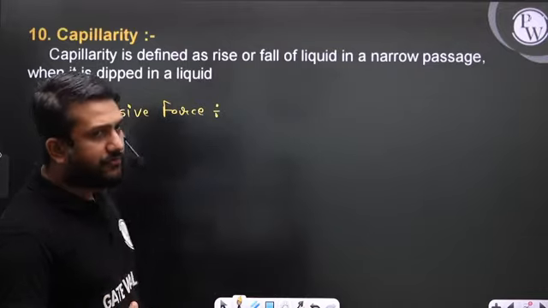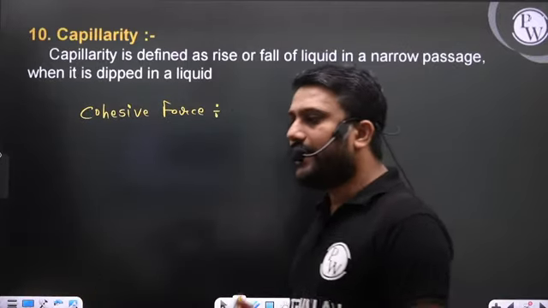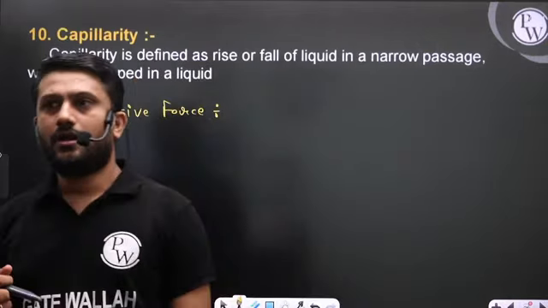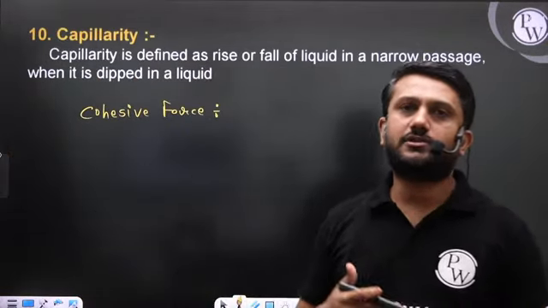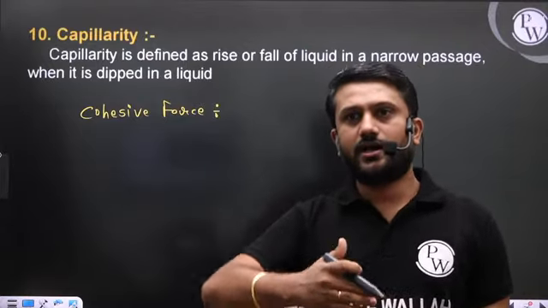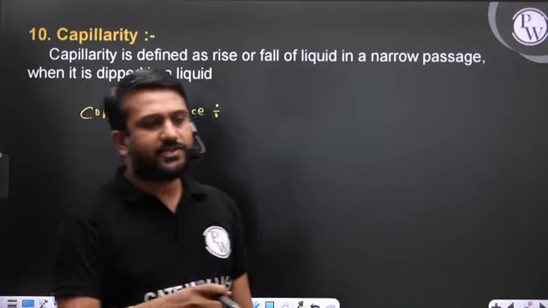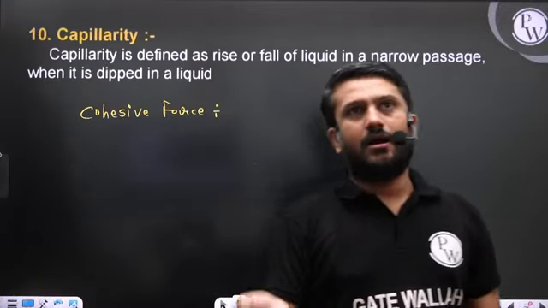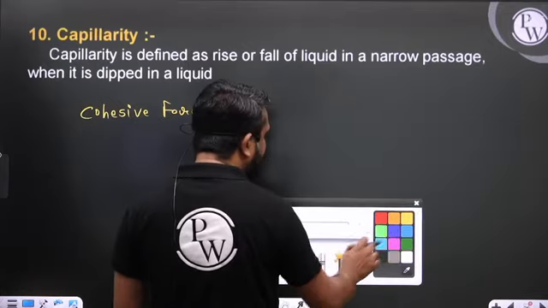So what is the cohesive force? We already discussed it a number of times. Cohesive force is nothing but the intermolecular attraction force between the same molecules. We discussed it in the surface tension concept and in the viscosity concept, right?